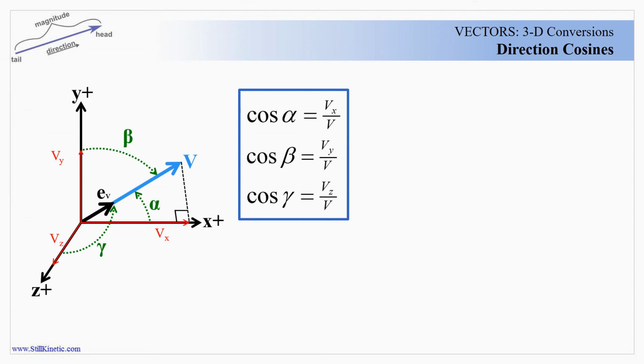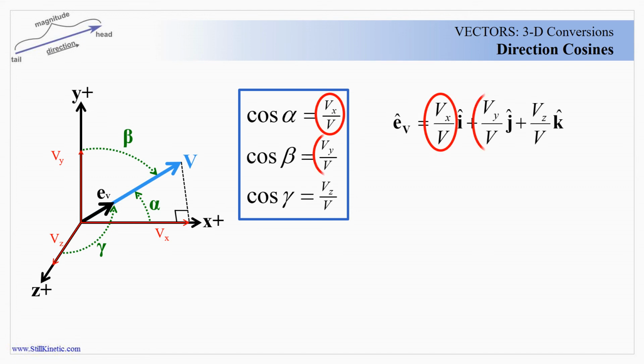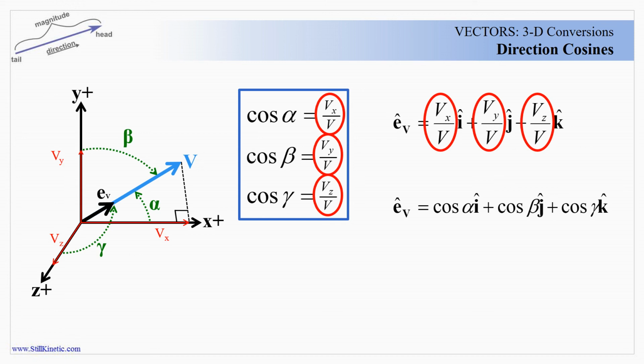It's worth noting that if we look back at our unit vector, ev, vx over v, vy over v, and vz over v are the direction cosines. So we can represent our unit vector ev as cos alpha i plus cos beta j plus cos gamma k. So we don't have to represent it as components divided by magnitudes.